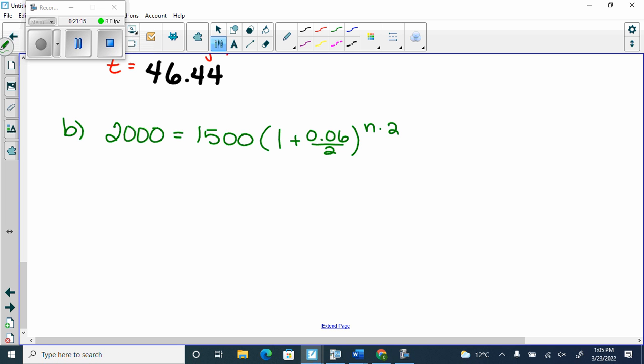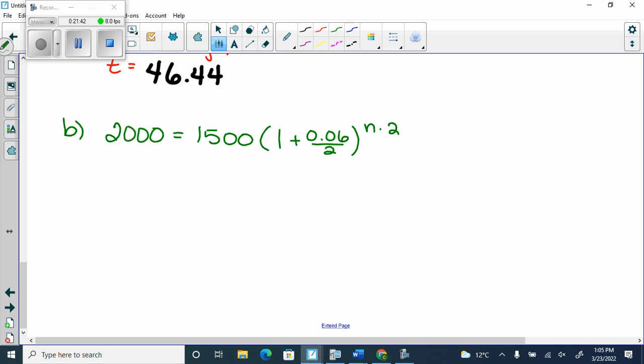What's a 0.06? 6% interest per year, per annum, right? What is this 2? That's how many times it compounds. So this would be semi-annually. It's twice a year. And then this is the number of years times 2. So I'm making you find the number of years it's going to take to get from 1,500 to 2,000 at 6% interest per annum, semi-annually compounded. Right? That's what this is. I just filled it in for you.